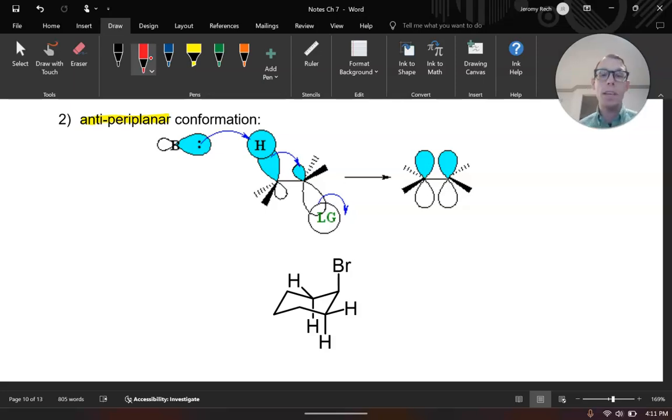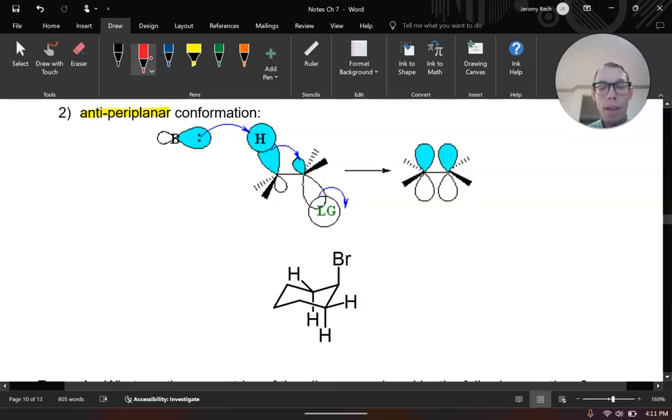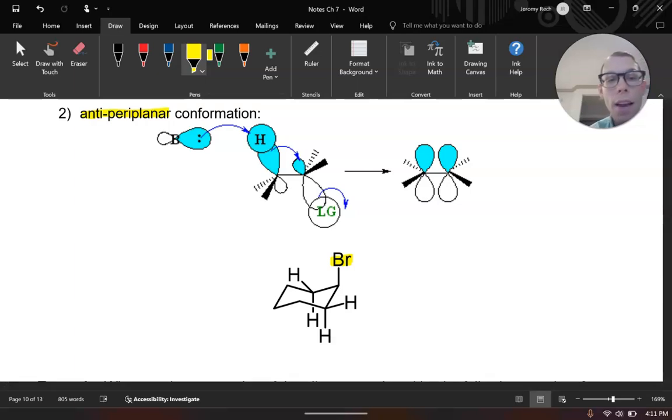We will definitely be doing some eliminations on some 6-membered or cyclohexane rings. And with that, the number of hydrogens you can abstract is a little bit different. So here I have an example of a chair, and we have a leaving group, a bromine. That leaving group is in an axial up position.